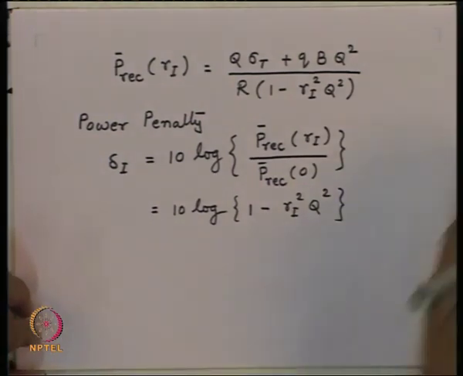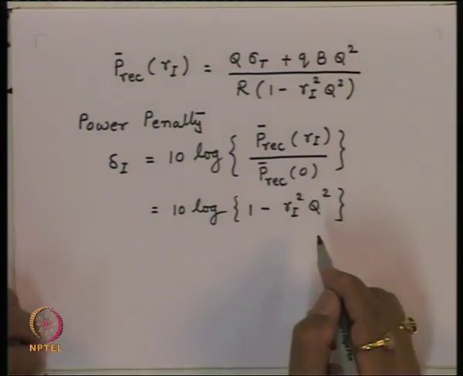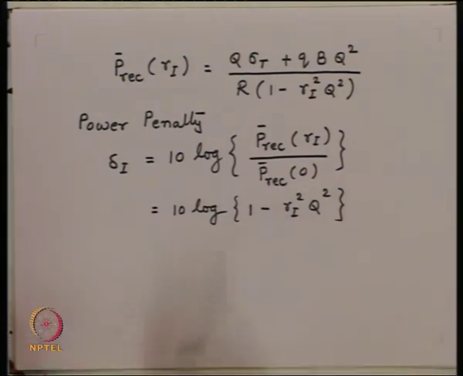Now for the acceptable level for the BER, as we know, this quantity q has to be at least 6. So if we say that we are working with a bit error rate of 10 to the power minus 9, this quantity q will be about 6.